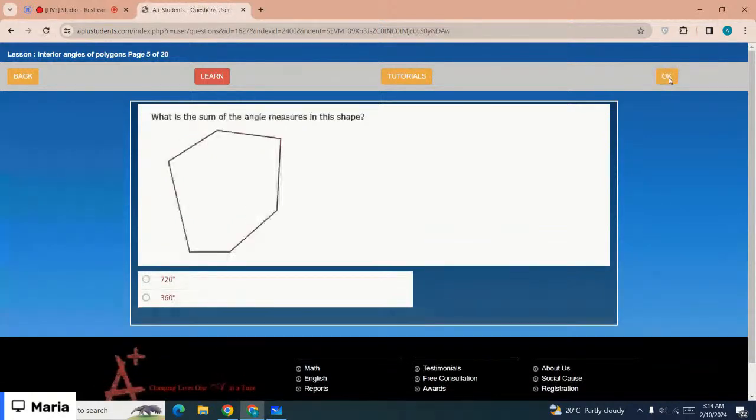What is the sum of the interior angles measured in this shape? That is 720 degrees.